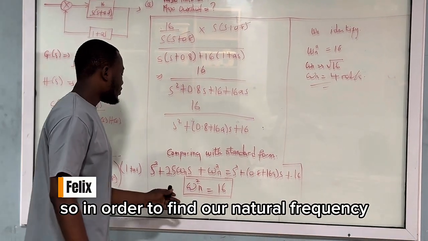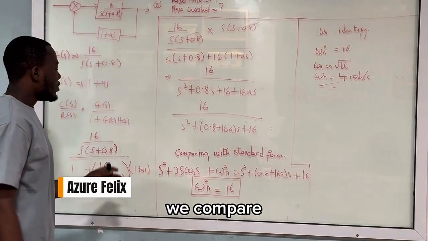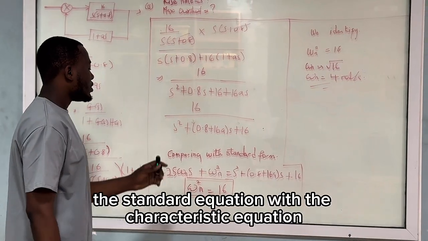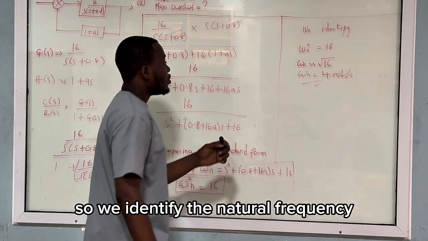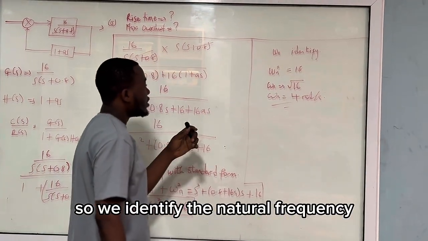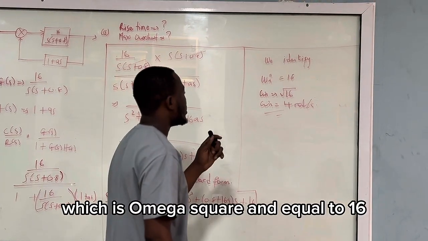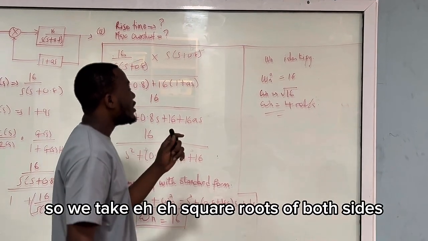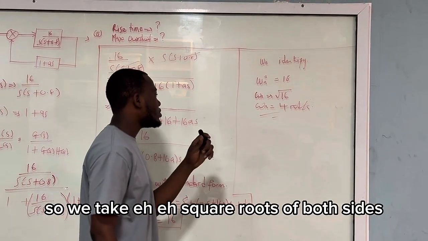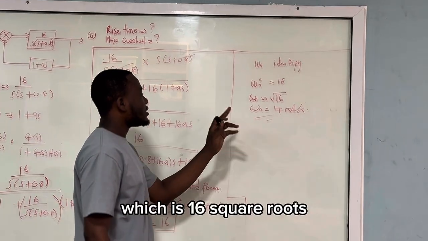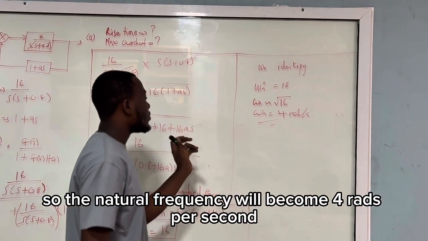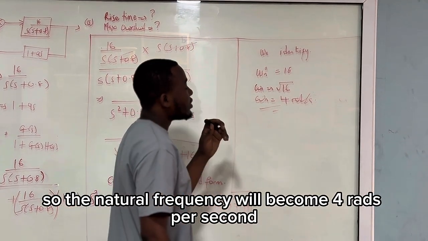So in order to find our natural frequency, we compare the standard equation with the characteristic equation. So we identify the natural frequency, which is ωn² and equal to 16. So we take the square root of both sides, which is the square root of 16. So the natural frequency will become 4 rad/s.